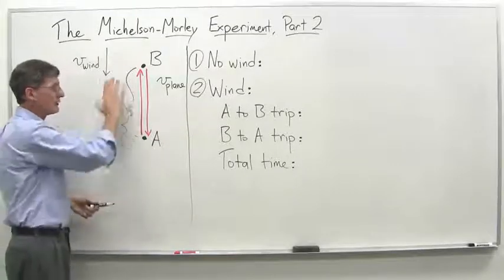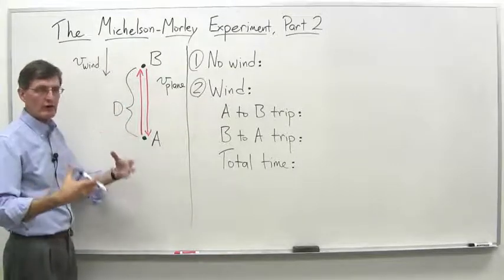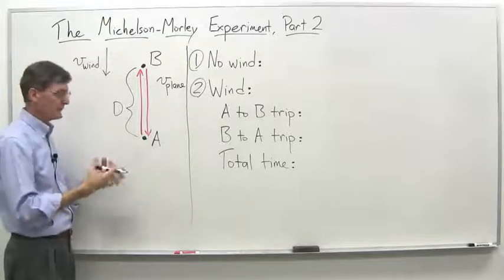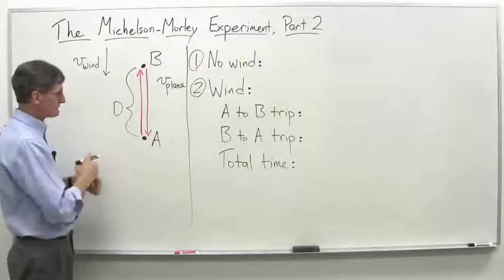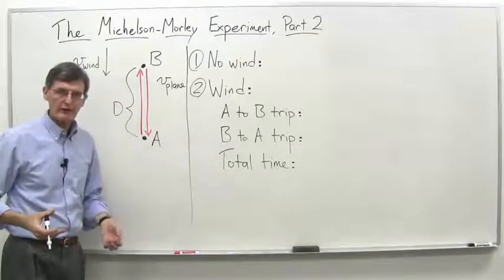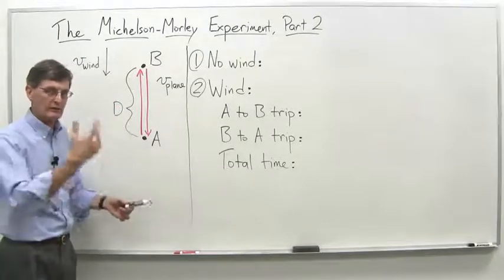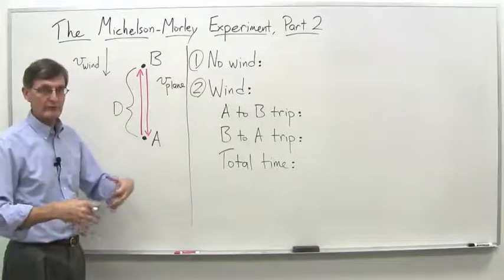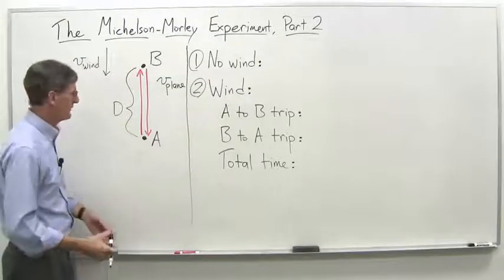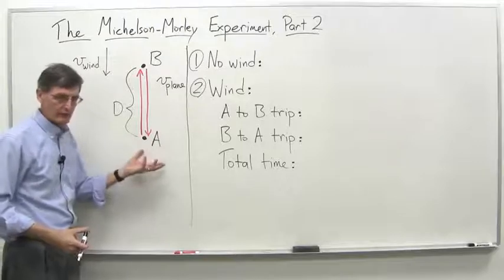So clearly on the first leg, when there's wind involved, the wind will retard the plane's velocity, so it'll be going a little slower. Just as, if you've traveled by plane before, sometimes the pilot will say, hey, we have a tailwind today, so we're able to make the trip a little faster than normal. Sometimes we're battling headwinds, and therefore it'll be a little slower. That's what's going on here.